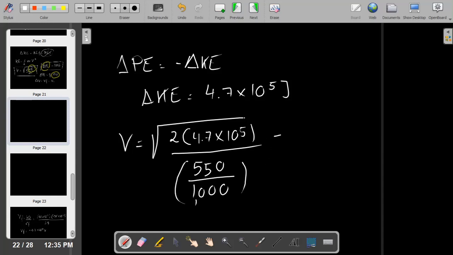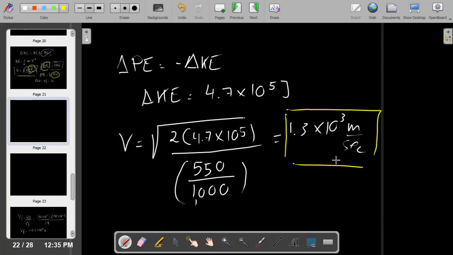And then you'll be getting 1.3 times 10 to the 3 meters per second. That was your answer to this problem. So this is done. I hope it made sense. If not, ask me questions on Friday.